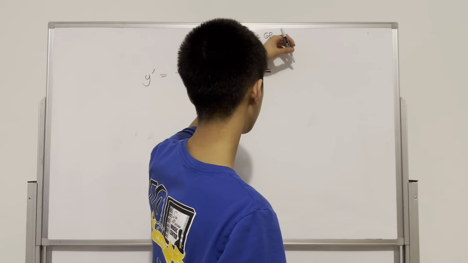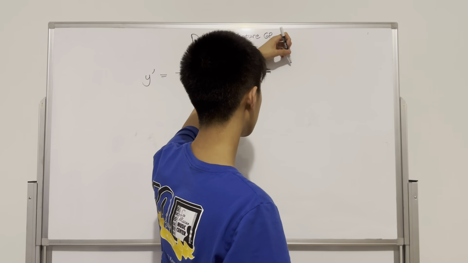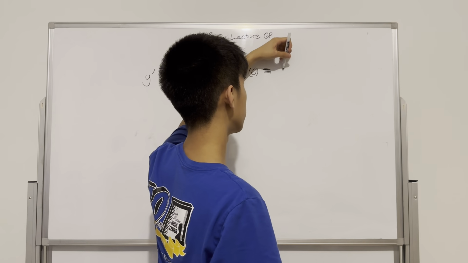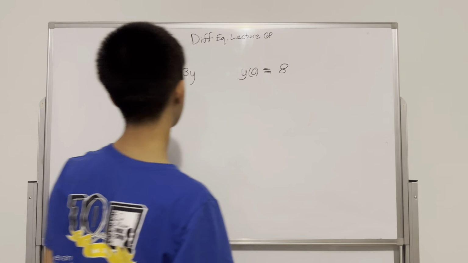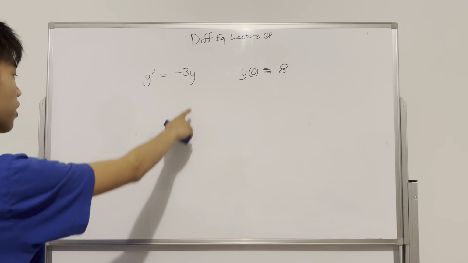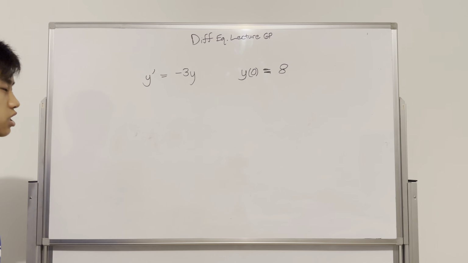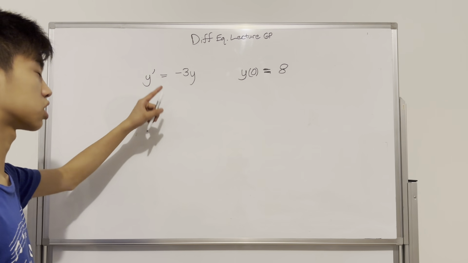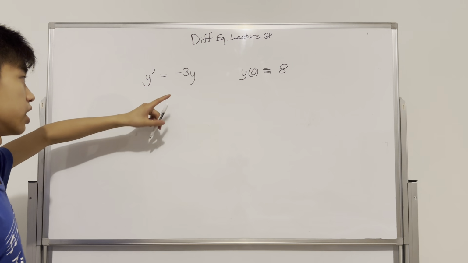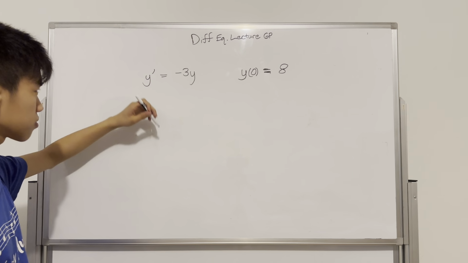I know this is unrealistic, but I don't really care. This is just an example. We could say that we initially have like 8 grams. It doesn't actually model uranium, there's a constant that's verified, but let's just say this is some random radioactive element and how fast it decays. Okay.